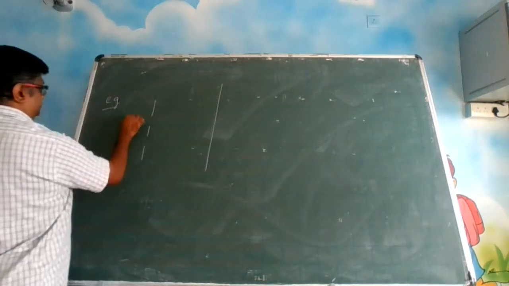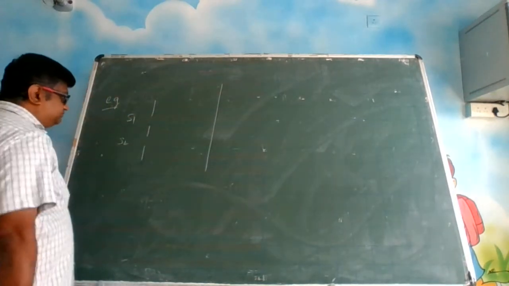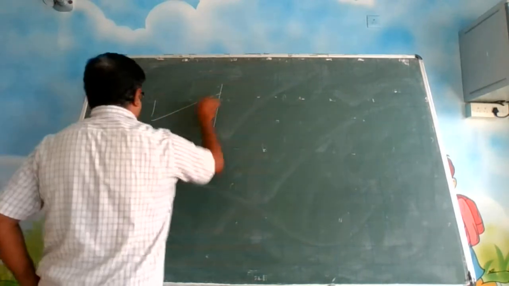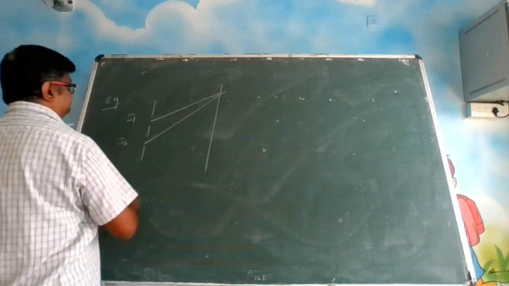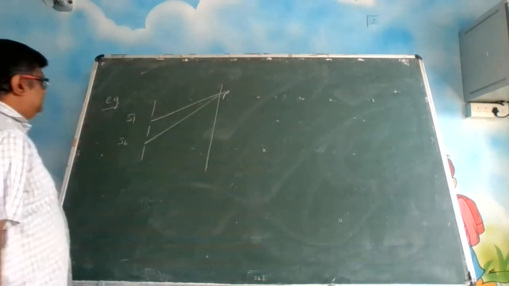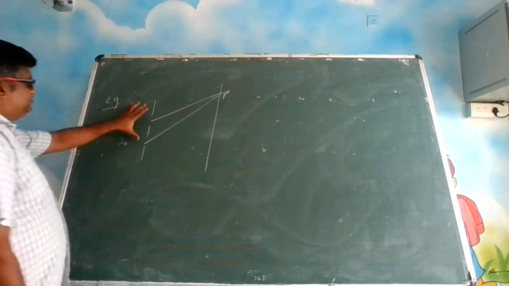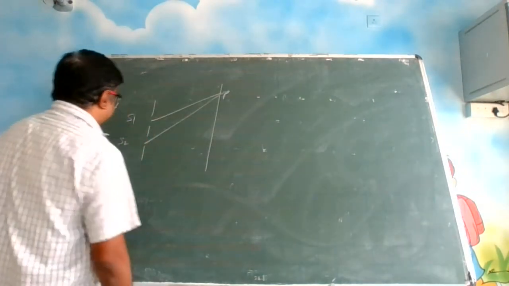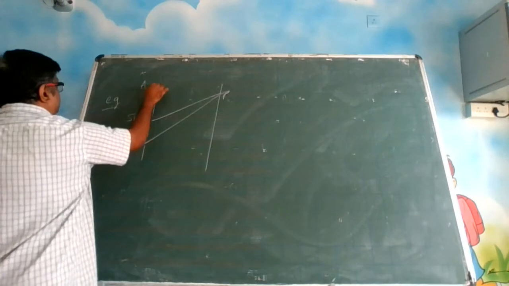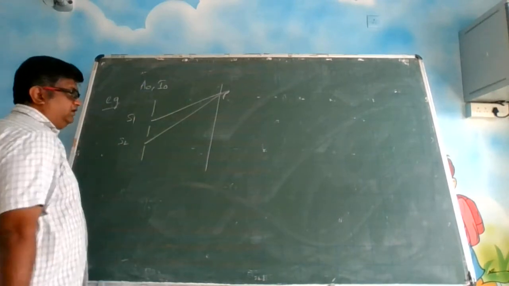Let us say this Young's double slit experiment is there, and you have two rays. These two rays have amplitude A0 and intensity I0.